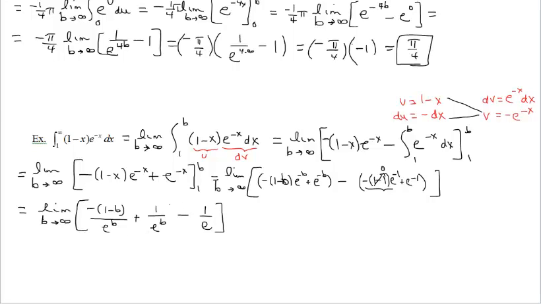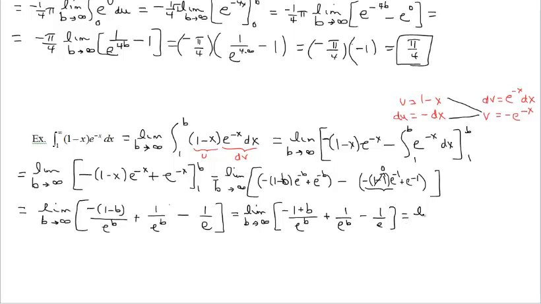Okay, a lot of calculations here, just kind of tedious, but what I can see here is that maybe if I distributed the negative here into this quantity, I might be able to do a little cleanup before I find the limit. So we have negative 1 plus b over e to the b plus 1 over e to the b minus 1 over e.